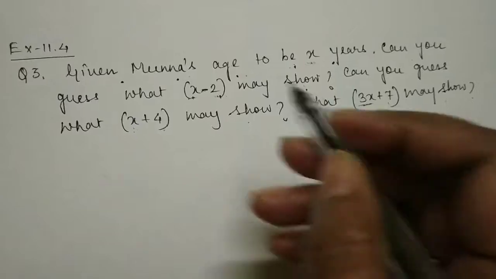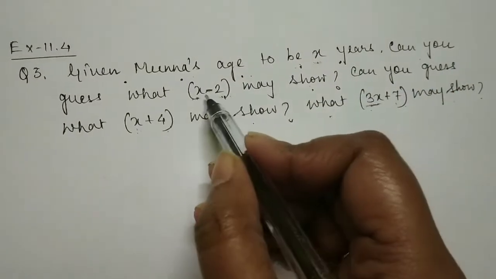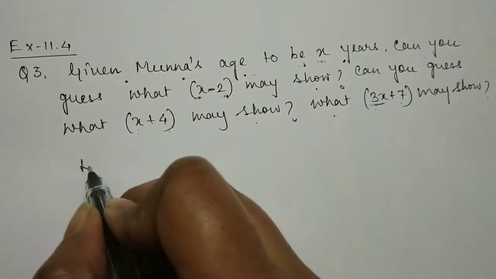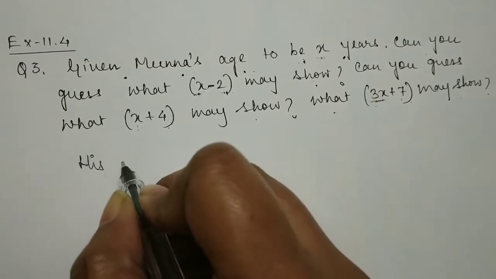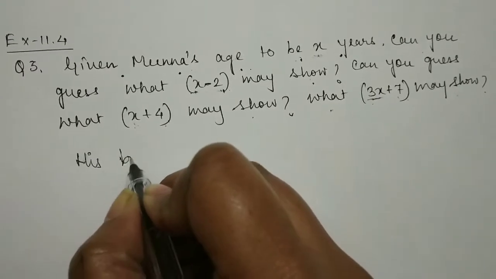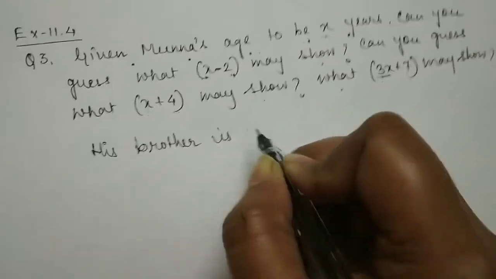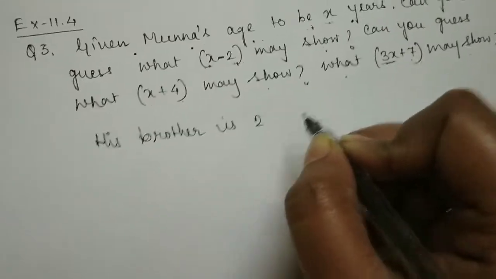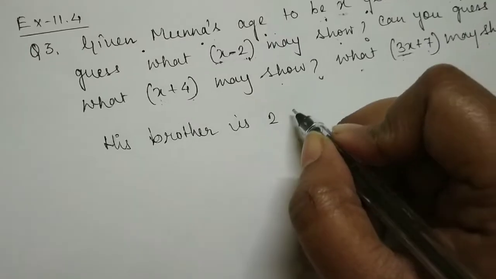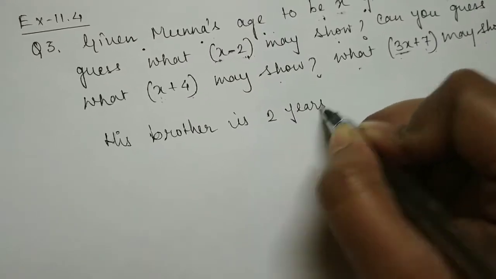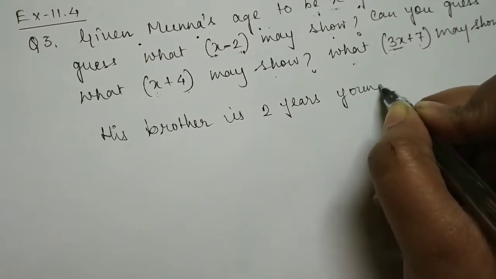So this we will write in a statement: x minus 2 shows his brother is 2 years younger than him.